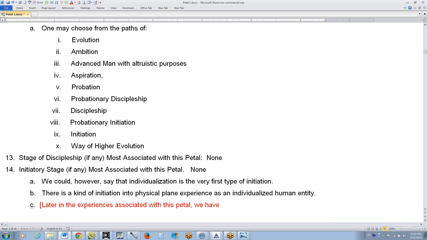We have the early Lemurian initiation relating the etheric body to the dense physical body, and that is indeed a type of initiation.